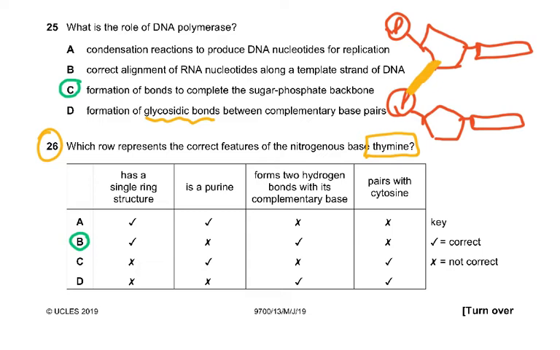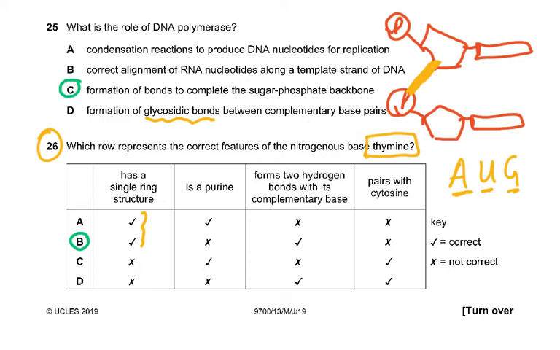If you remembered that, then you know it can only be A or B. Then is it a purine? No. What are purines? Adenine and guanine are purines. This is the U part. So adenine and guanine are purines, so we know thymine is not a purine.